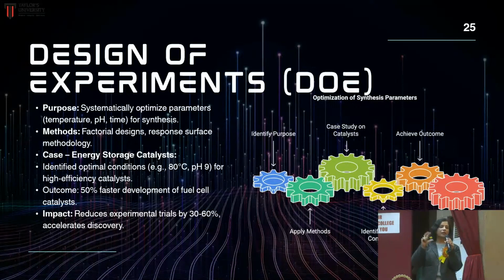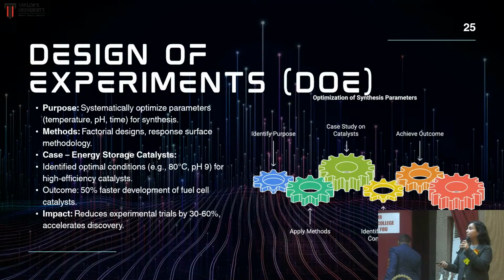We are actually targeting the high efficiency catalyst here. Now, the outcome is 50% faster development of fuel cell catalyst. So, this will actually enhance the development of the fuel cell catalyst by 50%. The impact is it reduces experimental trials by 30 to 60%, and it accelerates discovery of the materials.